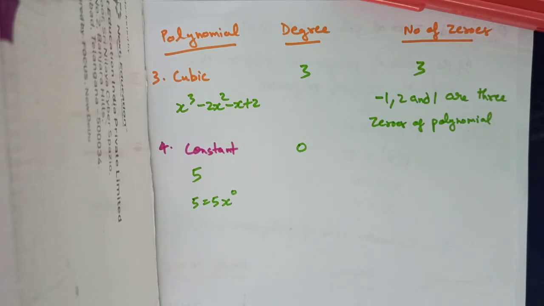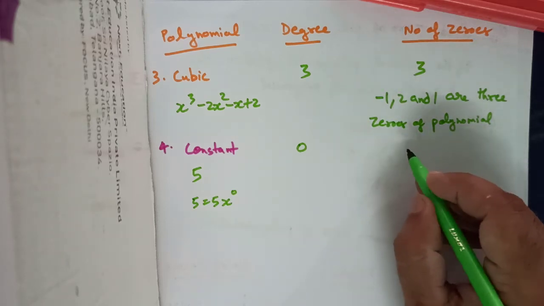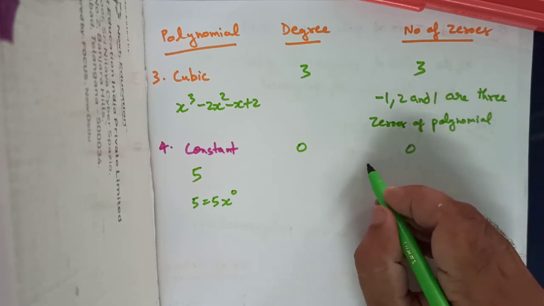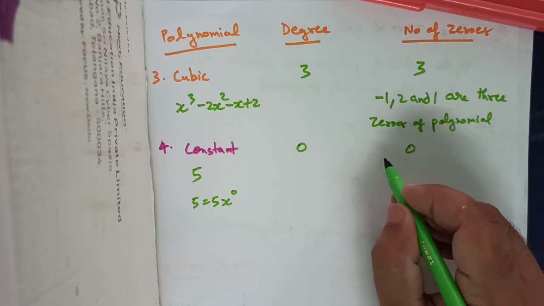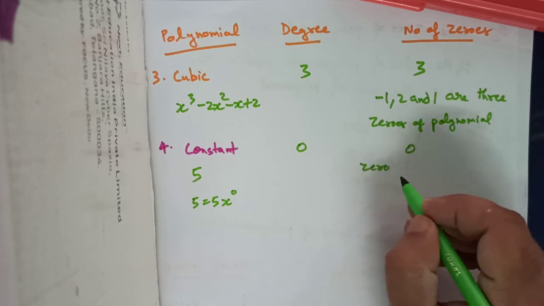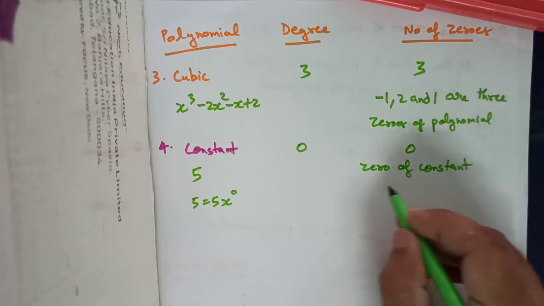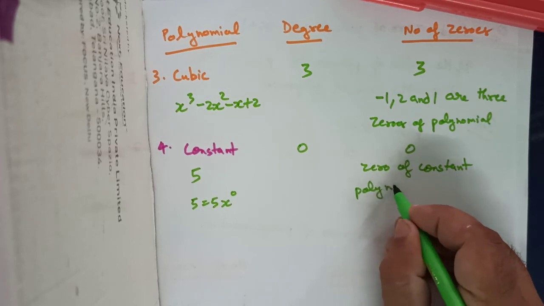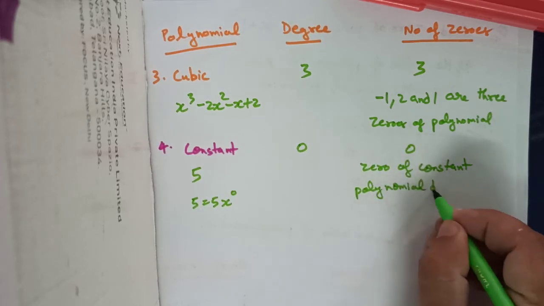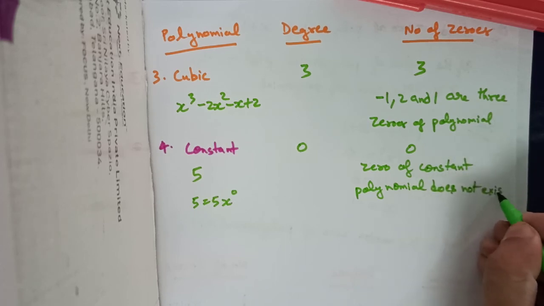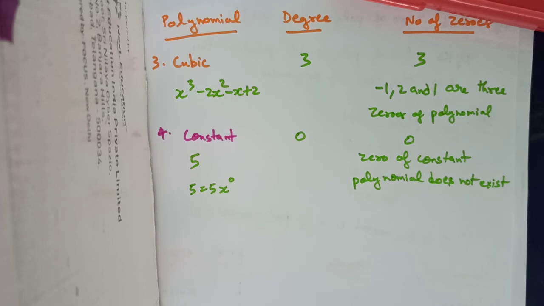And if the degree is 0, the number of zeros will also be 0. That means we can say that the zero of a constant polynomial does not exist. Okay? It does not exist.